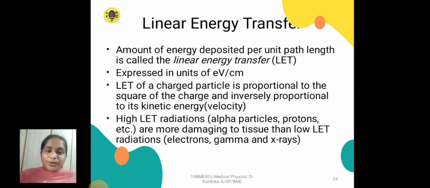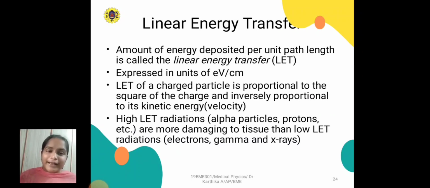Okay, next we'll discuss a very important thing, linear energy transfer. We know that the amount of energy deposited per unit path length is called linear energy transfer. In this we have high LET radiations: alpha particles, protons, etc. Okay, it is expressed in terms of electron volt per centimeter.